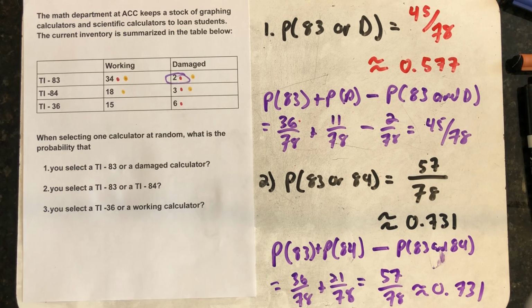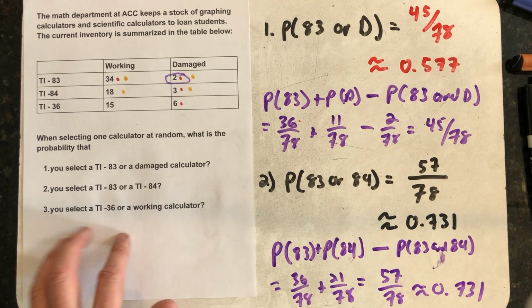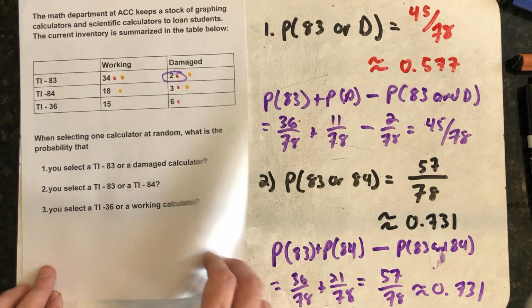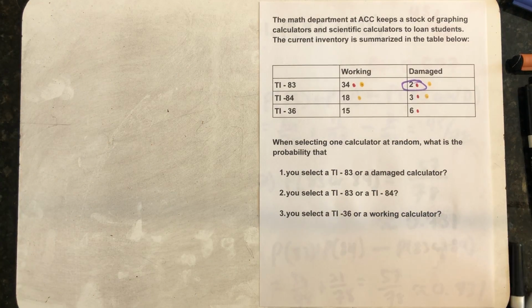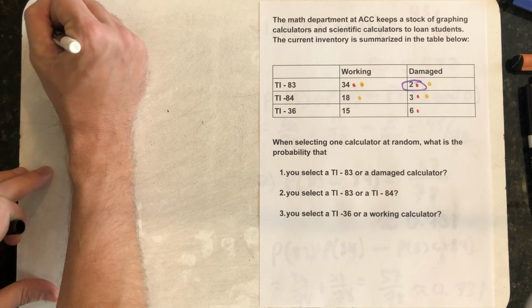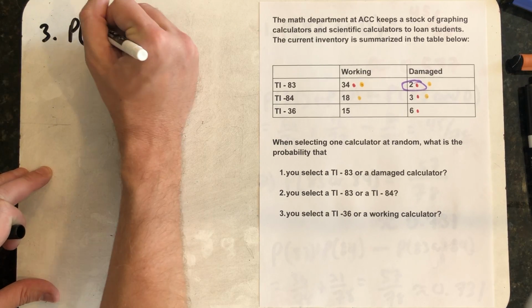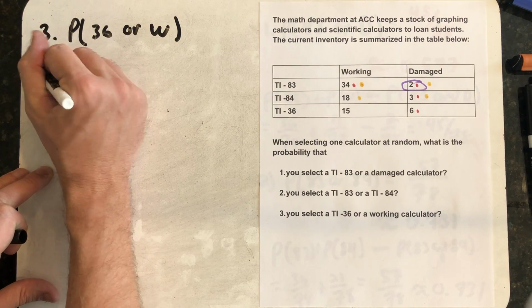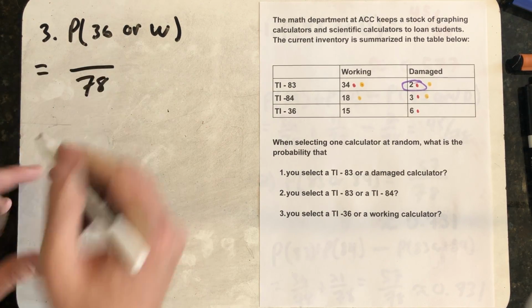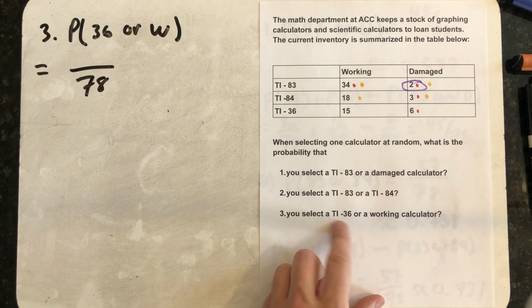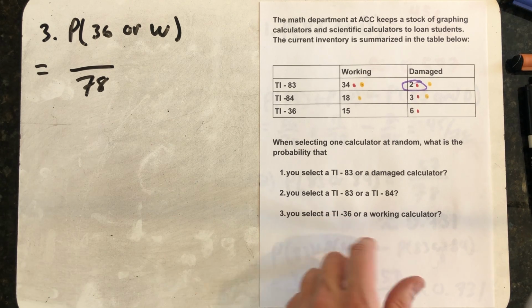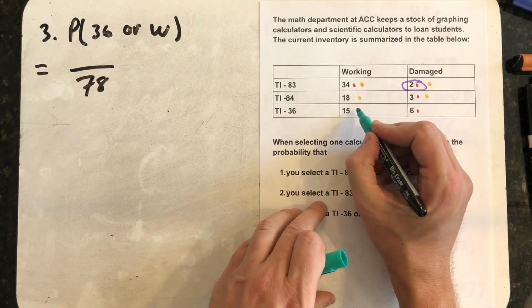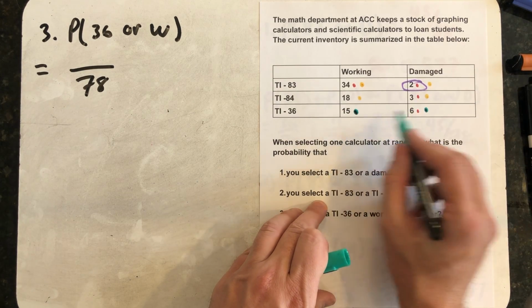Alright, so in this next question we're going to ask, what is the probability that we select a TI-36 or a working calculator? Well, I have 78 total calculators still. I just need to figure out how many meet this description of being a 36 or working. So I need to count the number of 36s. There's 21 of those.